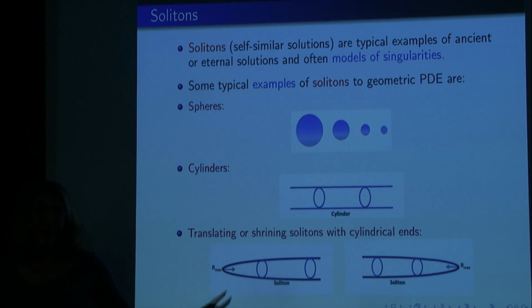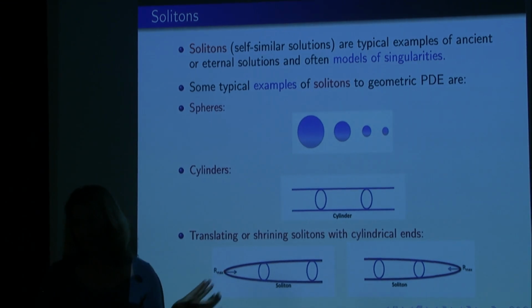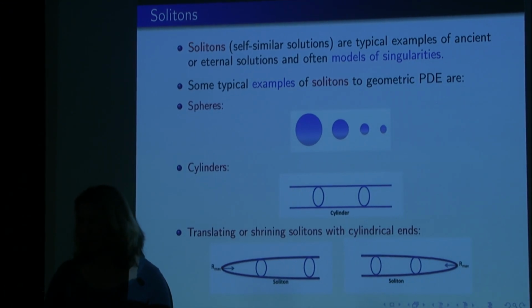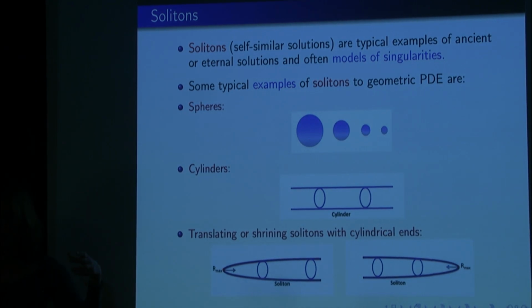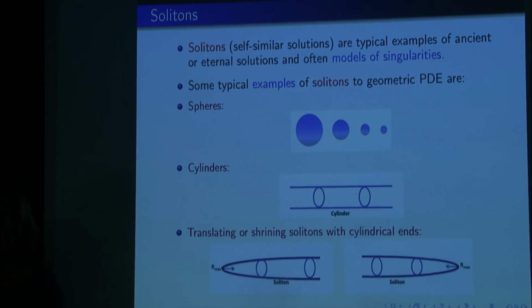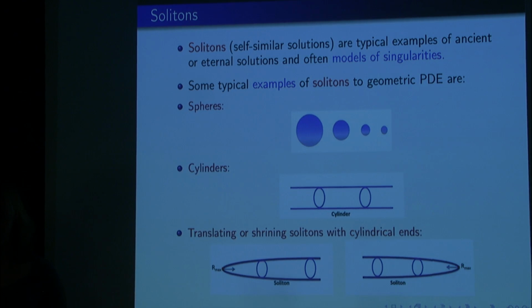So it is an eternal solution if it translates, because as you go to minus infinity it goes all the way down, and as you go to plus infinity it goes all the way up. And these usually are the building blocks of our singularities, and, as we are going to see, the building blocks of our eternal solutions or our more complicated ancient solutions.